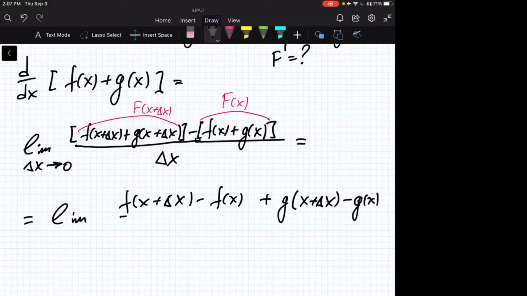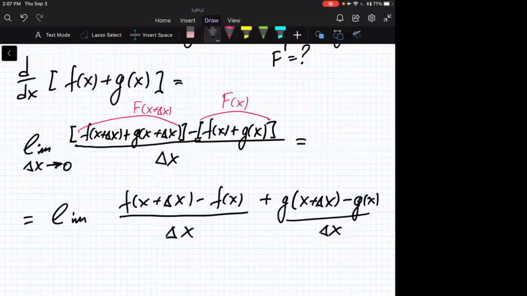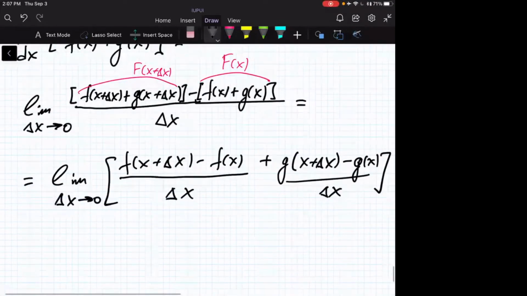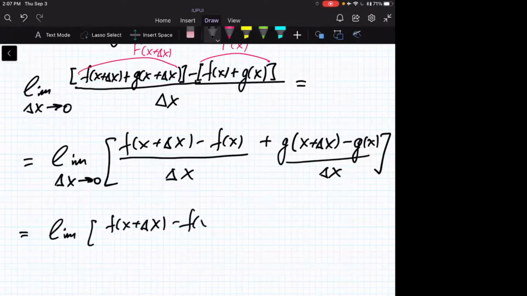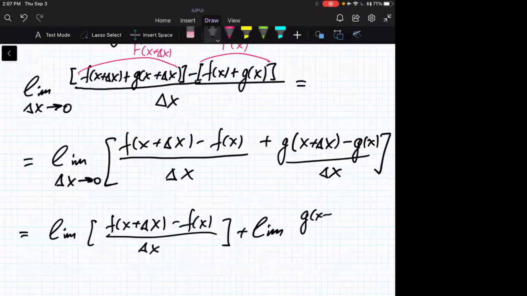And I again can divide term by term, so I can split it into two fractions like that. So I have this expression. But again, by the property of the limit, it is the same as the limit of the first fraction, quotient, plus the limit of the second one.